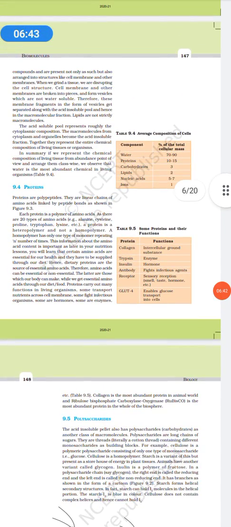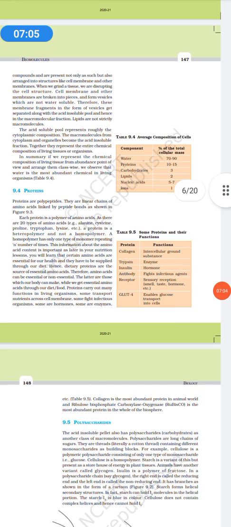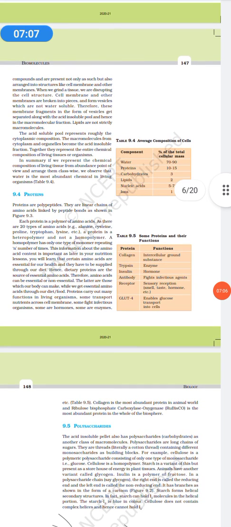Coming to proteins, so in proteins, there are amino acids. These amino acids, when put together, form the primary structure of the protein. These will have hydrogen bonds, and it will form the secondary structure of the protein with the beta sheets or the alpha helix.